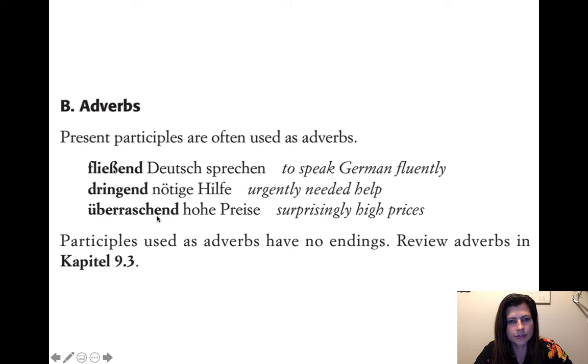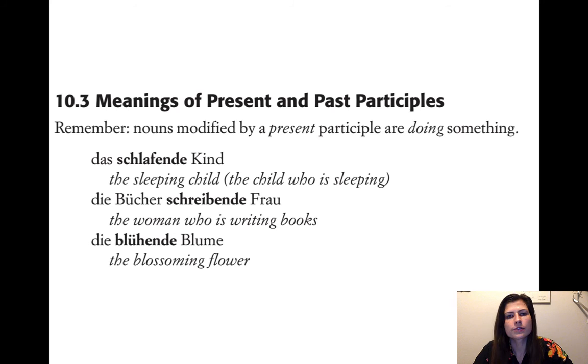So überraschend, to surprise, and then surprising with the D. But since German doesn't have different adverb forms, and since you're modifying this adjective here, high, hohe, the English translation would include the adverb form. Überraschend hohe Preise.